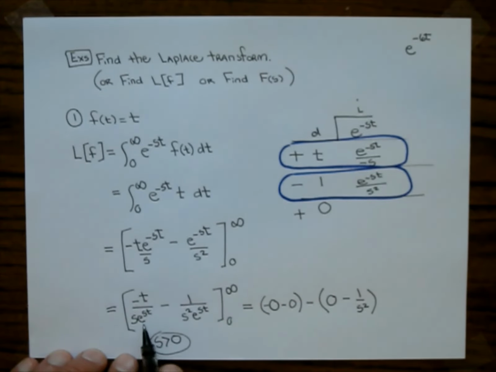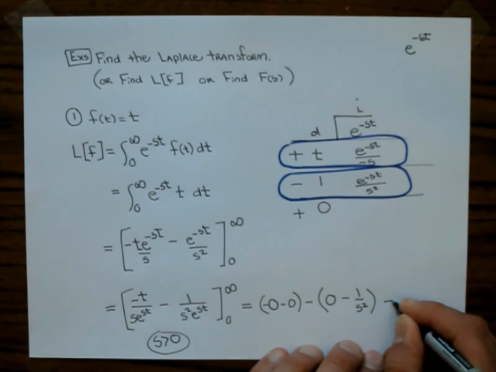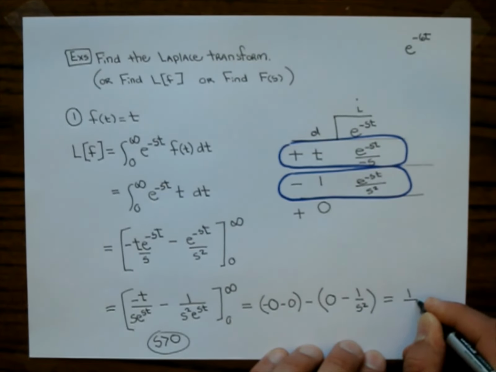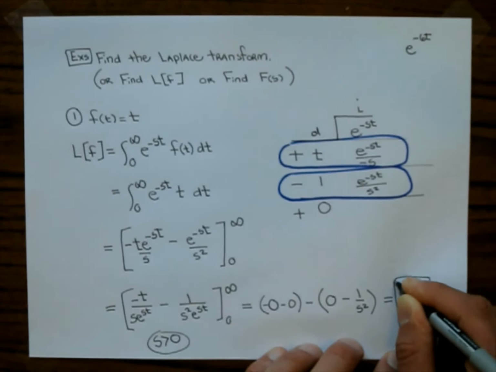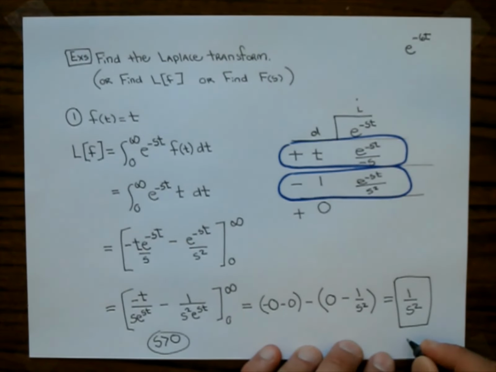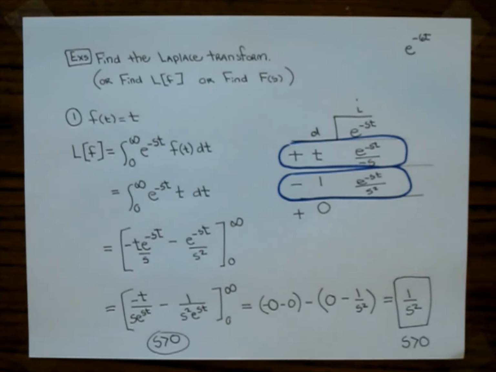Putting 0 in for t, that zeroes out, and then this e to the 0 is 1, and that's why we're getting this. So this Laplace transform becomes 1 over s squared. We are done with problem number 1. That's our first Laplace transform, and that applies when s is greater than 0.